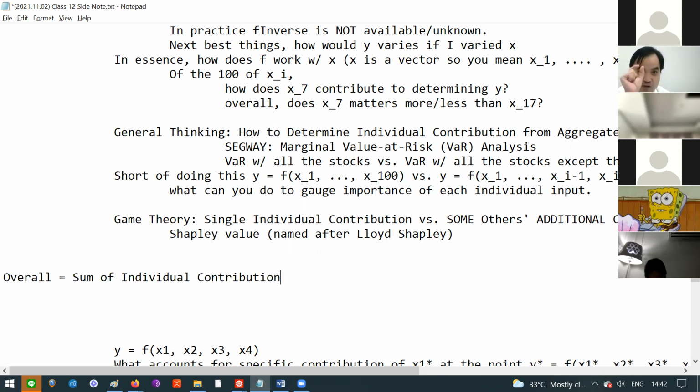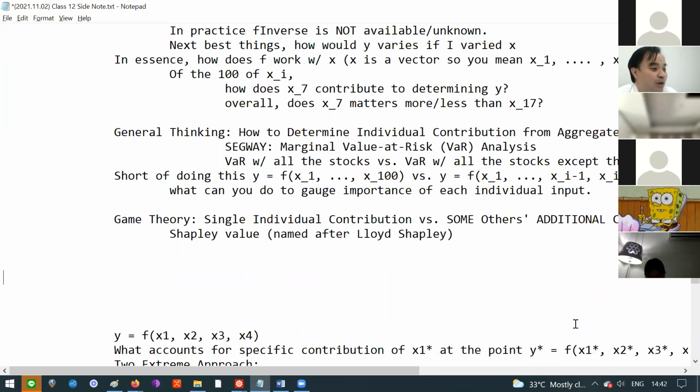If this were the case, life is simple. But overall, it's kind of an entangled mess, all kinds of weird combinations. How would you break that down?